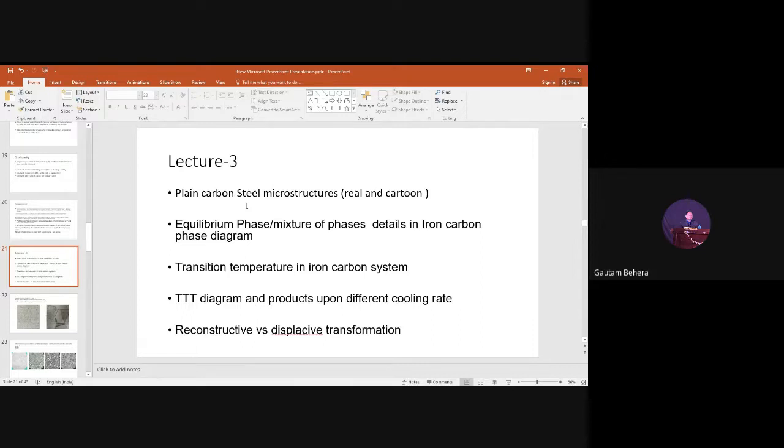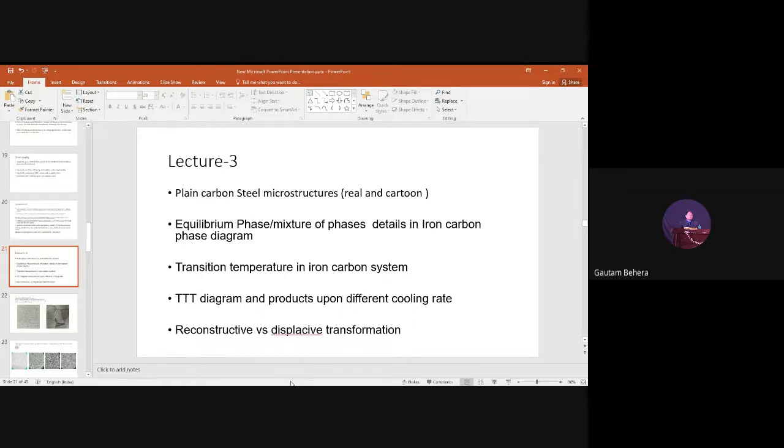And since we belong to metallurgy and metallurgical engineering, we know the techniques so that we can change the microstructures, right? And we know that if we are able to change the microstructure of steels, we can change the properties, and depending upon our requirement we can modify the structures.